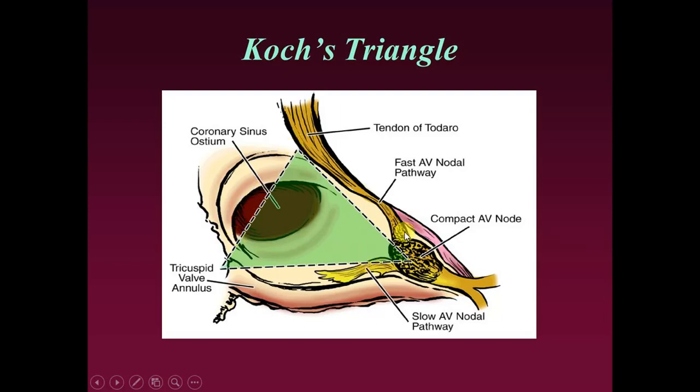At the apex of this triangle is the AV node. This triangle is called the Koch triangle. From here we can very well locate the AV node and avoid the damage, or we can block the AV node for certain disease process.